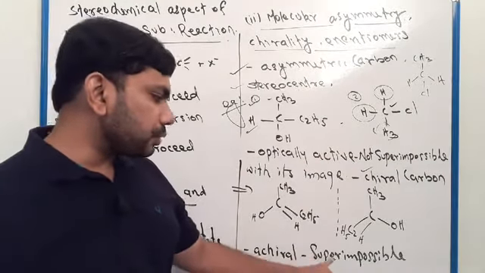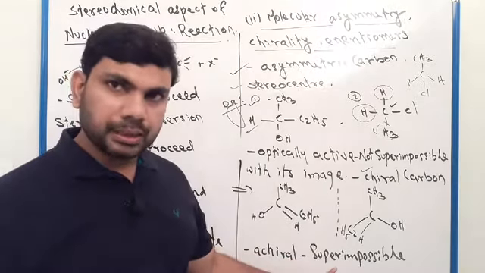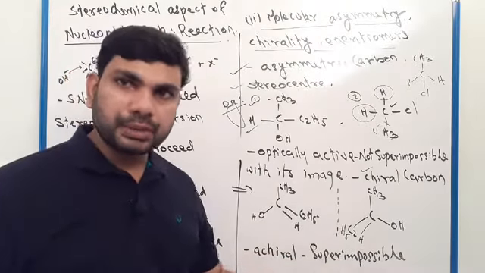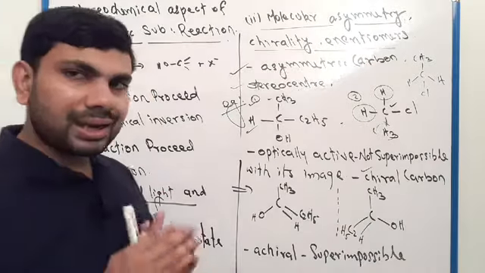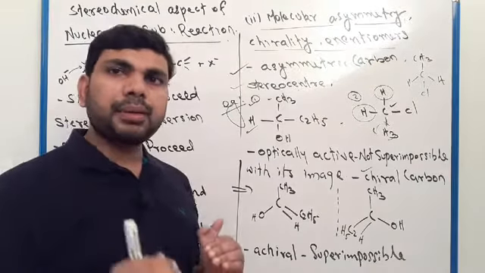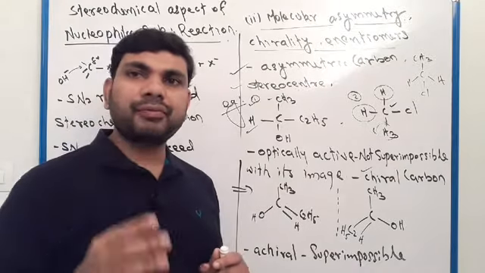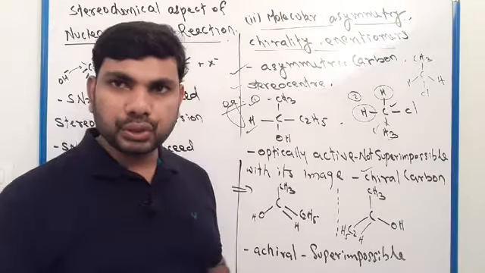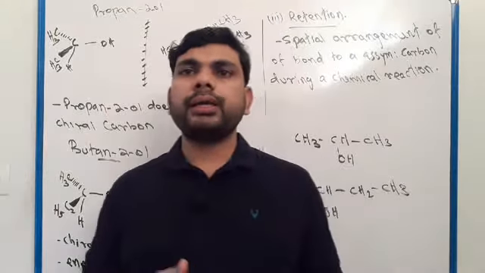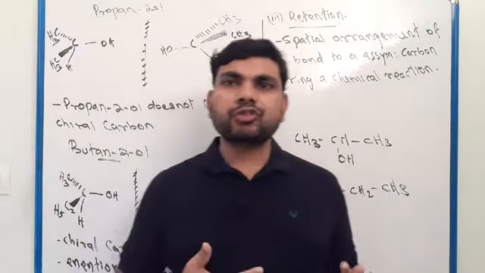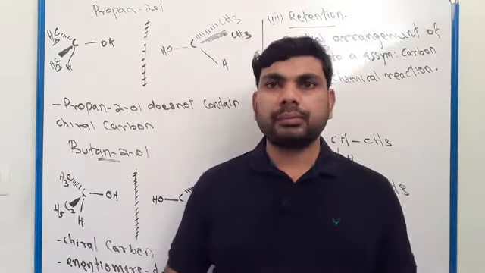Achiral carbon produces superimposable mirror image. They are not optical isomers. So condition for optical isomerism, the carbon must contain four different atoms or different molecules. Clear? Okay, so here we discussed symmetric carbon and asymmetric carbon.